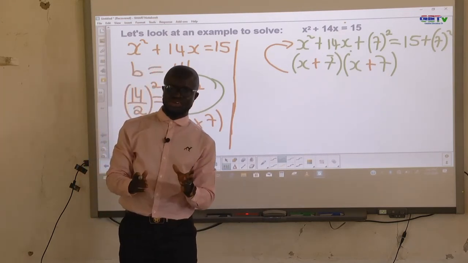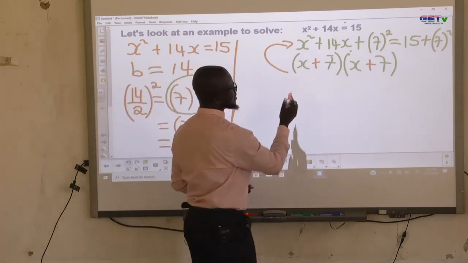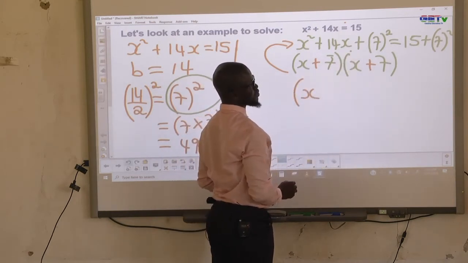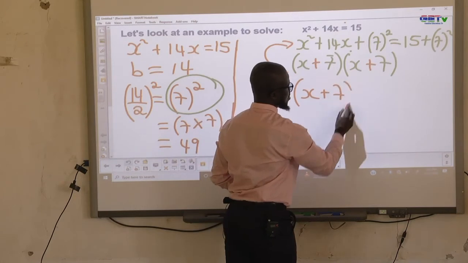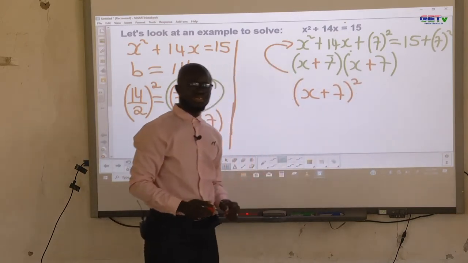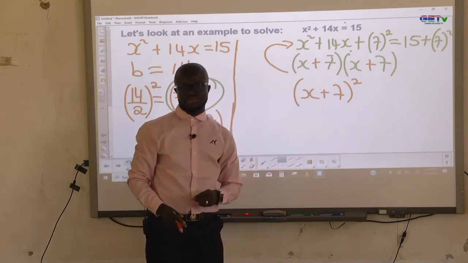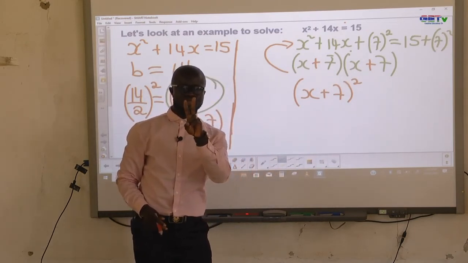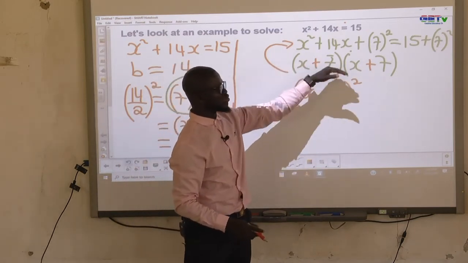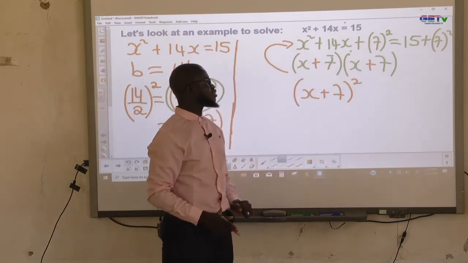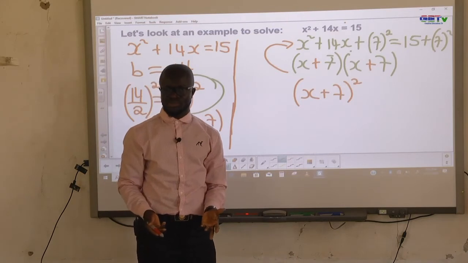So for this reason, we write from the rules x plus 7 all squared. Why is this squared? Because how many brackets do we have here? We have 2. Remember, this is a binomial quadratic expression. So squaring it could mean x plus 7 in bracket, x plus 7 in bracket.